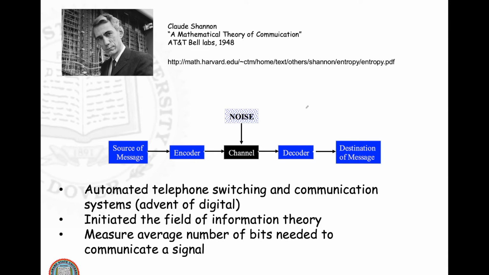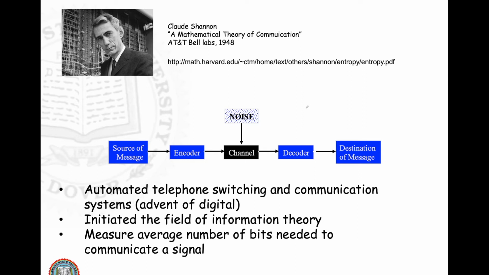But nonetheless, he was working on problems in automated telephone switching and communication, right at the precipice of the transition between analog and digital communication. In analog communication, you carried your signal over the electrical wiring as electrical impulses at different frequencies.